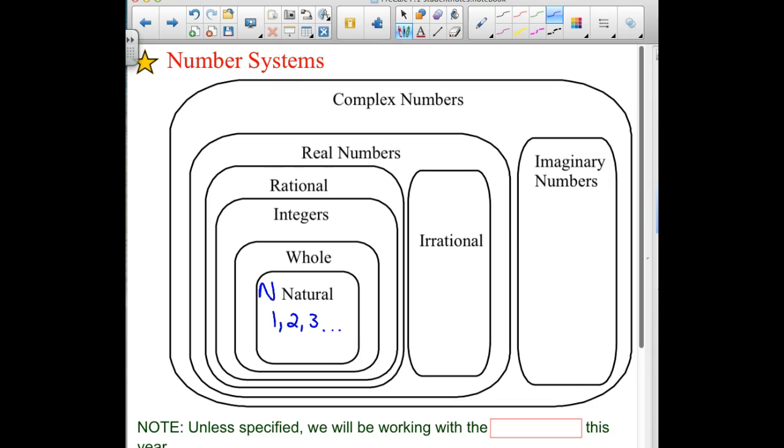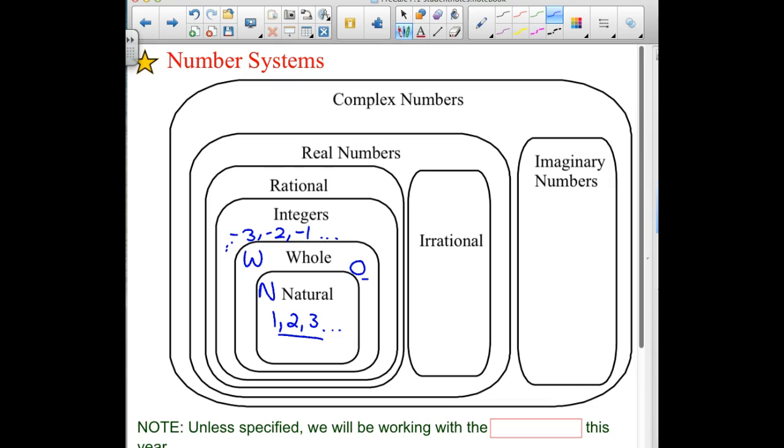If we go a little bit beyond that, if we actually add in the number 0, now we are looking at the set of whole numbers. We use a W for that. If we start adding in positive and negative numbers to that, such as -3, -2, -1, all right, now it is including 0 and our counting numbers here, since the box around integers contains the other two as well.